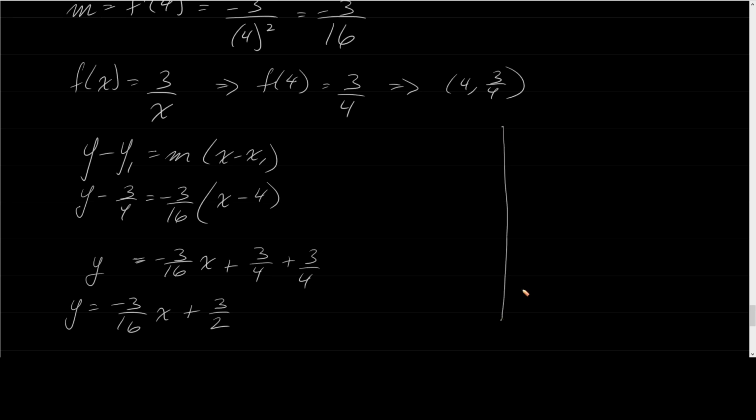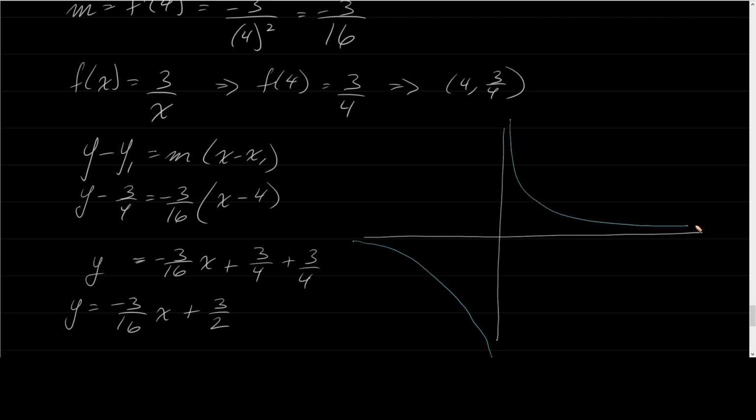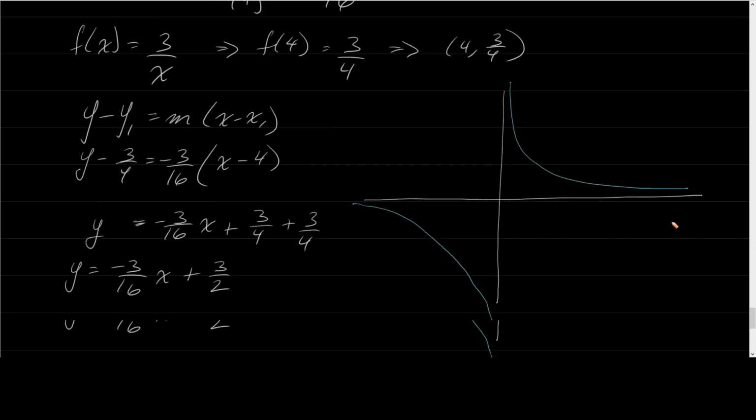So visually, what we have here is our function. It was 3 over x, so it looks like this. That's what 3 over x looks like.